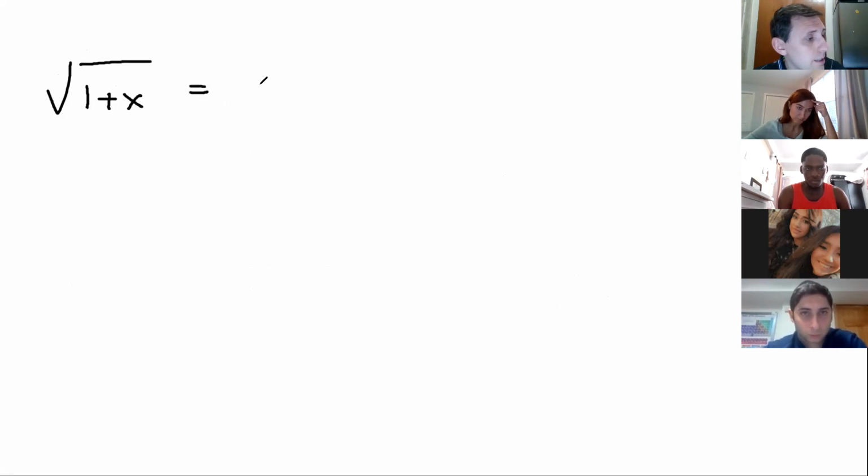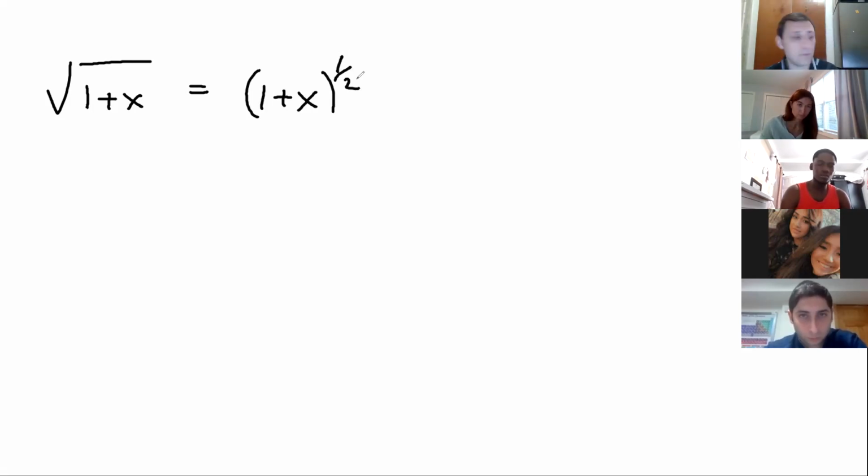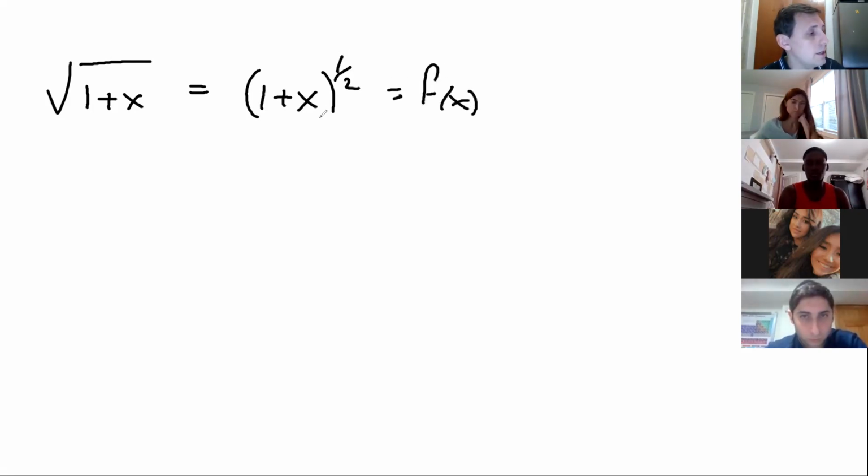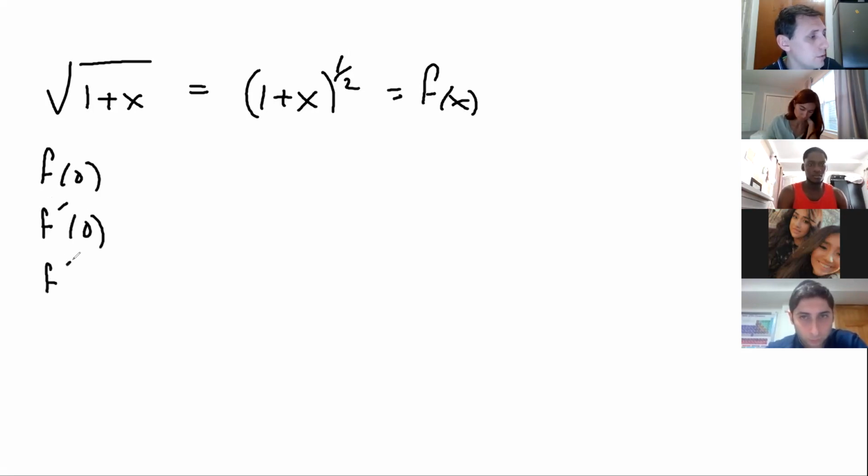That's the same thing as 1 plus x to the power of 1/2, which is Newton's binomial formula, which you can establish by asking whether or not it's a polynomial, right? If this is a function f of x, do you remember this, guys? Then it's easy to evaluate at 0, right? Root of 1 is easy, right? So it's easy to evaluate f of 0. It's easy to evaluate f prime of 0. It's easy to evaluate f double prime of 0, the same way we did with e to the x, right?